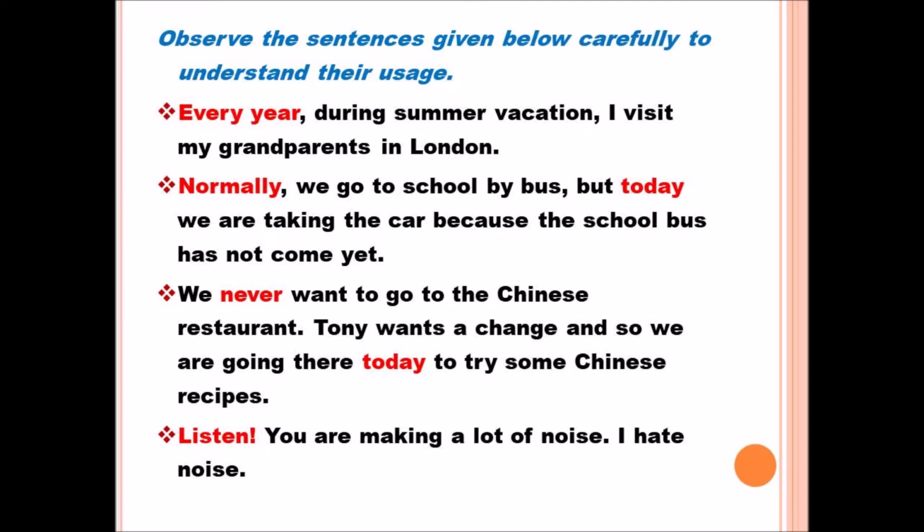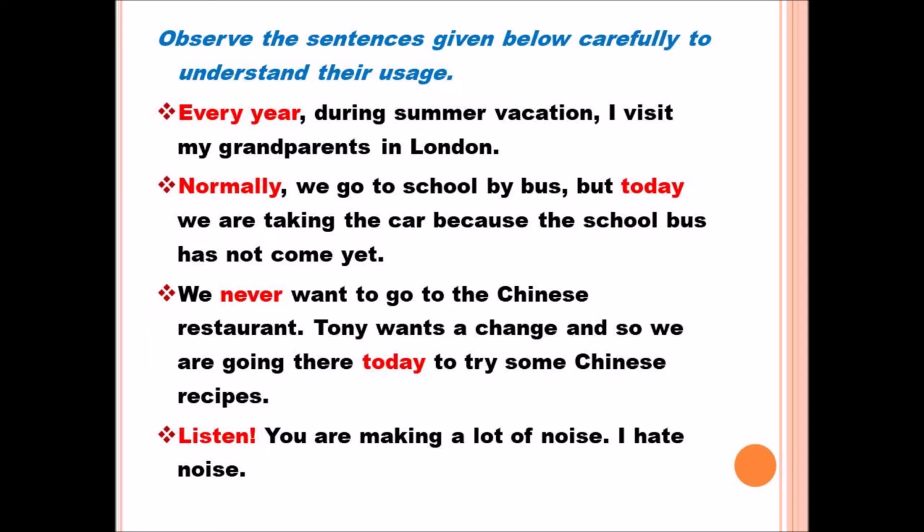Next sentence. Normally we go to school by bus, but today we are taking the car because the school bus has not come yet. Here see in the first sentence, normally we go to school by bus. It means every day they go by bus. But today is the keyword for present continuous tense, right?